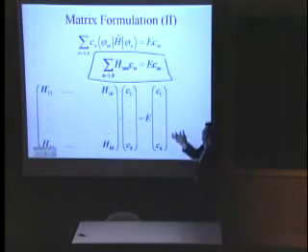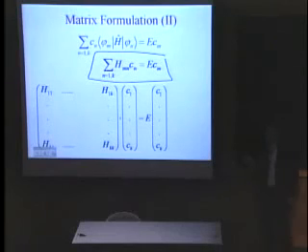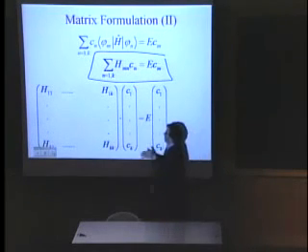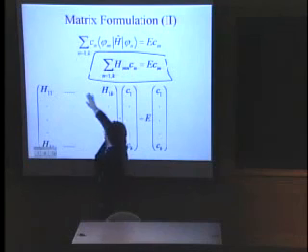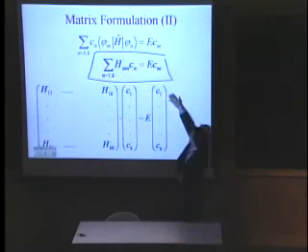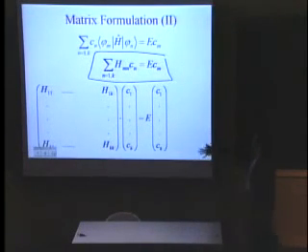Now these H_mn are explicit numbers. Once my potential is well defined, once my basis set is defined, those H are just numbers, and they can be written out in a matrix.